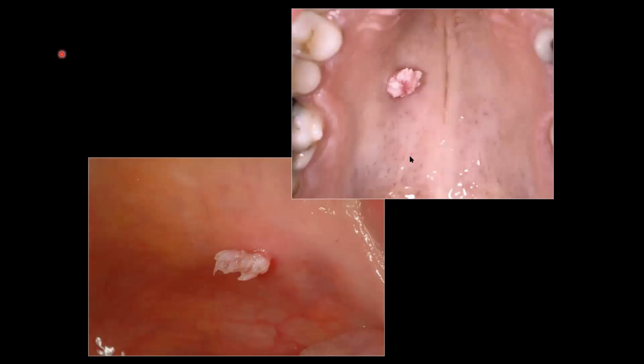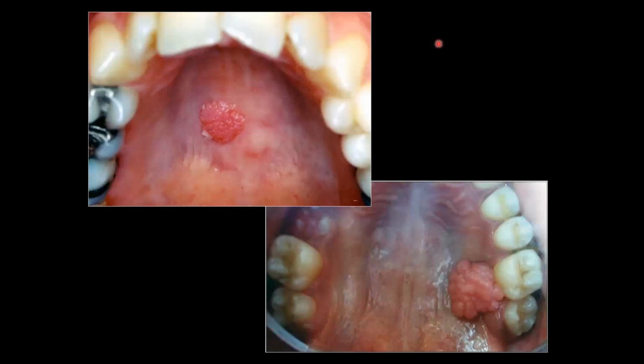Here's some more examples. And again, nice exophytic examples. They have that nice coloration, white to off-white, and the finger-like projections. Some of them can get more broad in shape, but even with the broad ones, they're pebbly in shape.